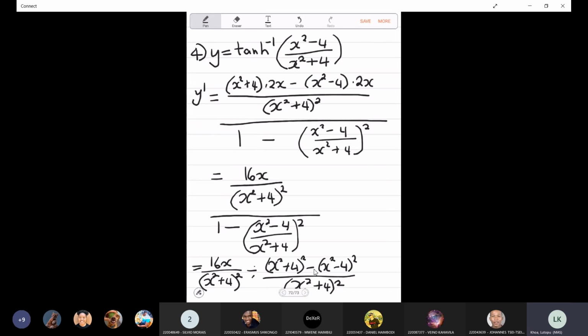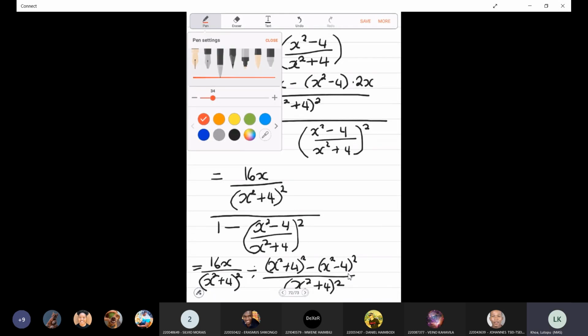Okay, and then over here, you can multiply this out and simplify, or you can factorize it using the difference of squares. So you'll have x squared plus 4 minus x squared plus 4. That will give us 8.